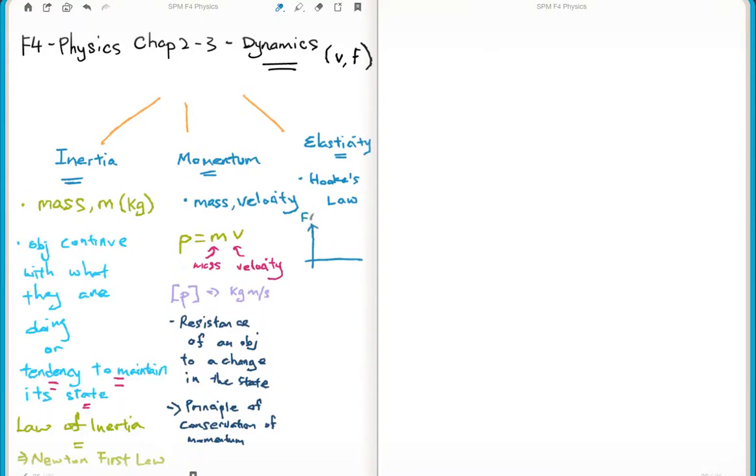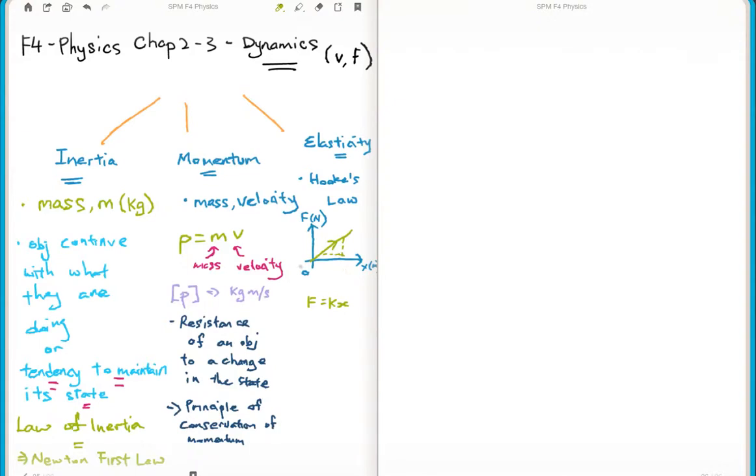You have a force measured in Newton, and distance x measured in meter. It is always in a linear form, where F equals kx. k is a constant, which is the gradient.